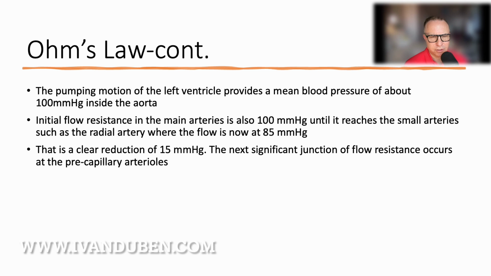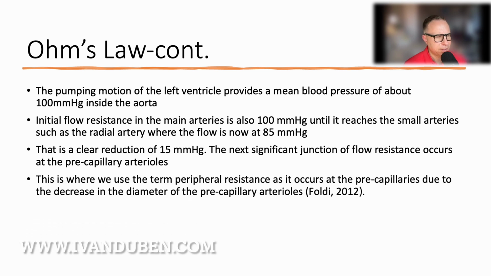The next significant junction of flow resistance occurs at the precapillary arterioles. This is where we use the term peripheral resistance, as it occurs at the precapillaries due to the decrease in the diameter of the precapillary arterioles.